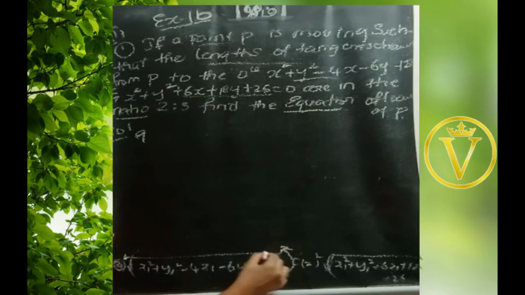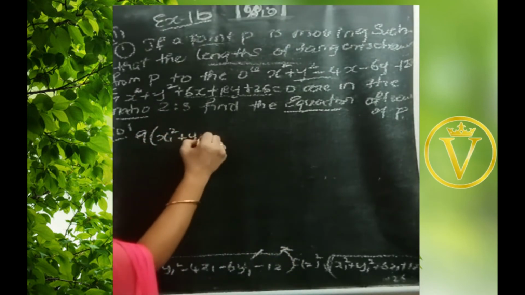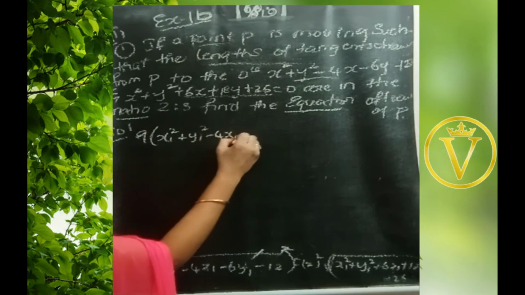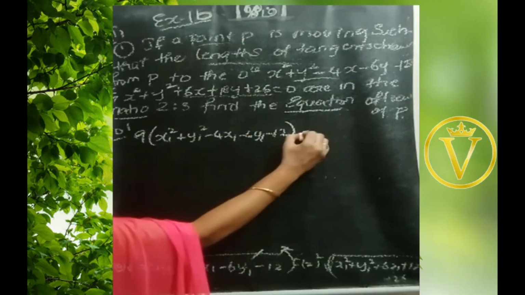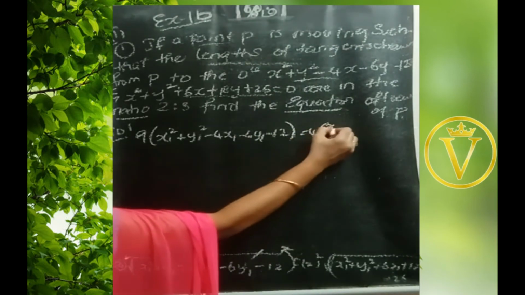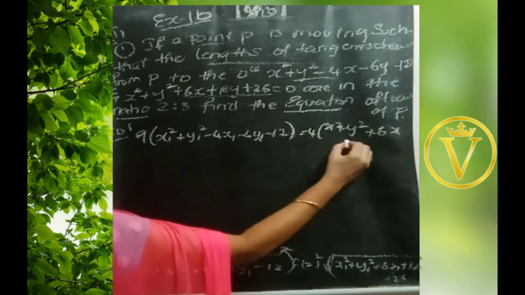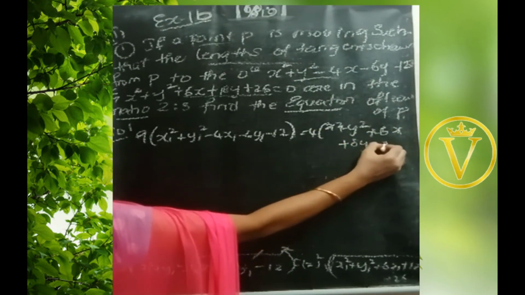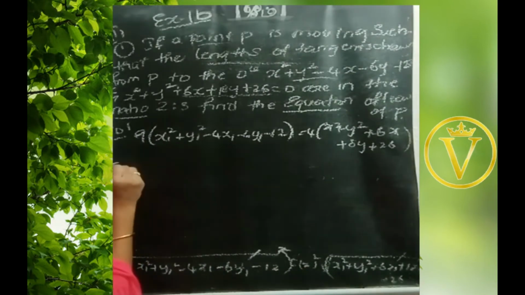The square roots get cancelled on both sides.